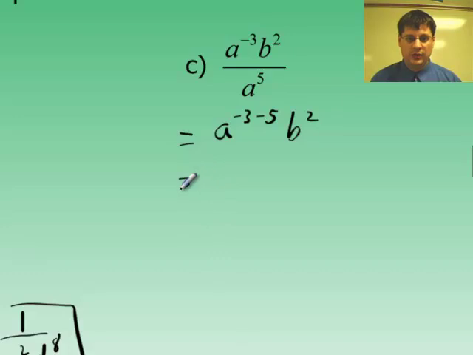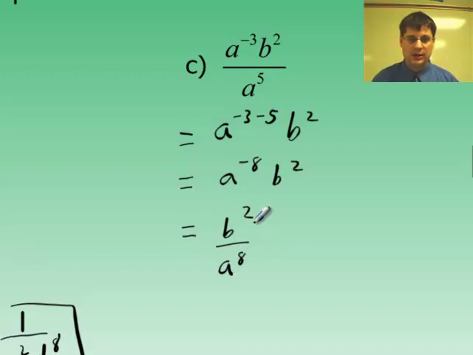Okay, so that's going to leave me with a to the negative 8th b squared. When I evaluate the negative exponent, I'll have a to the 8th in the denominator, and I'll be left with b squared on top. Okay, that would be one way.